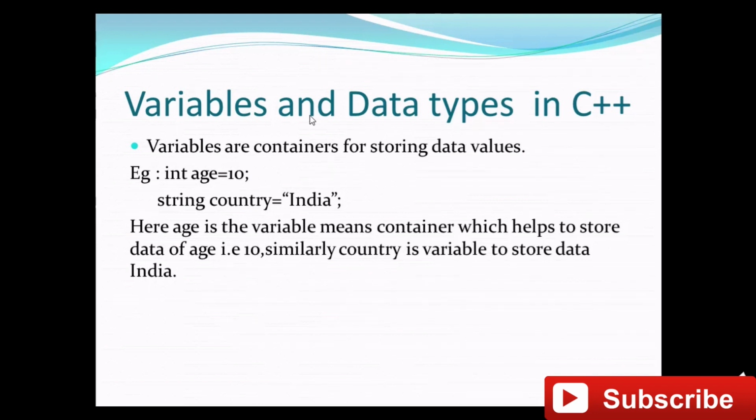So we got to know what variables and data types are. Variables are just containers which store things, and data types tell the type of the data. 10 is an integer data type, and India is a string data type, a sequence of characters.